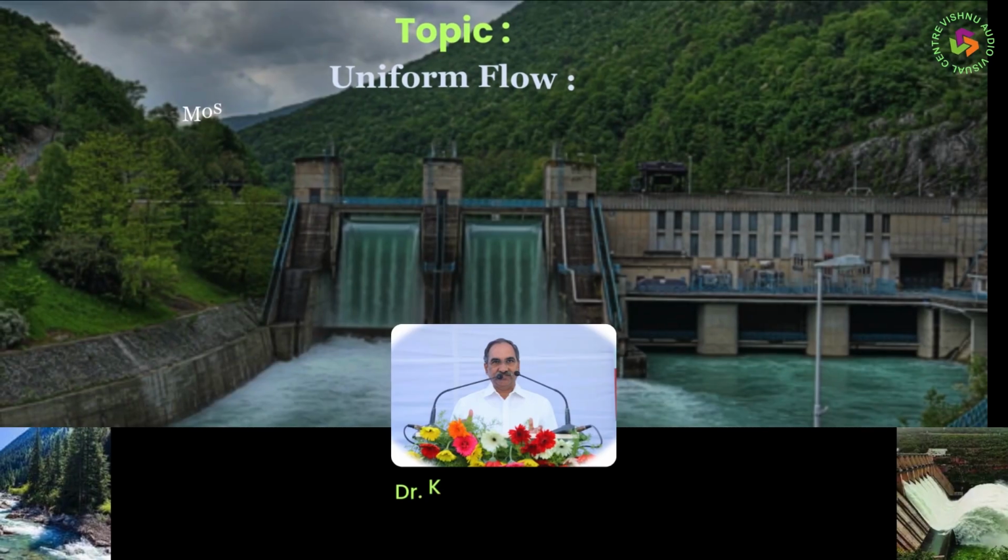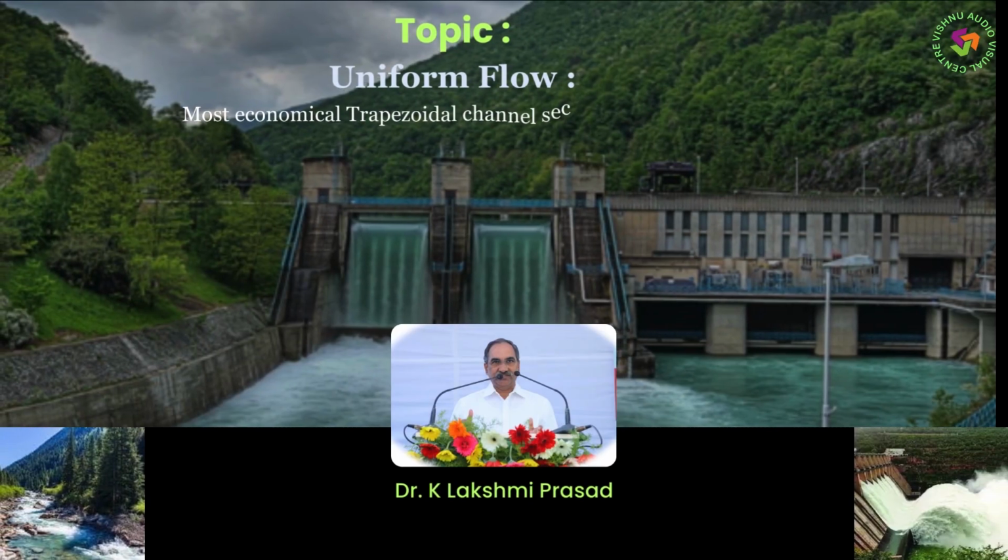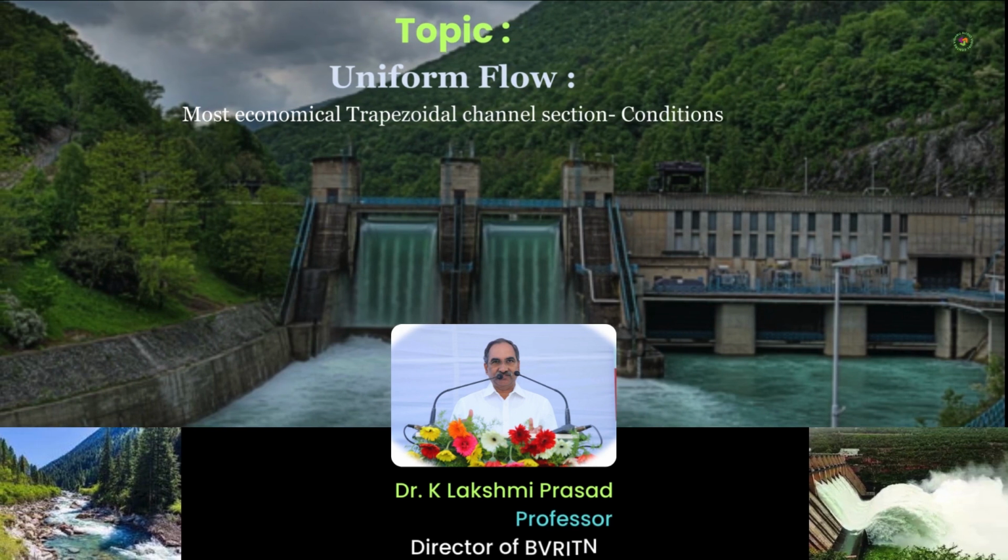So these are the two conditions that we have derived, and some problems we also solved in the previous lecture. In this lecture, we devote our time to understanding the conditions for the most efficient or economical channel section if the shape of the channel section is trapezoidal.